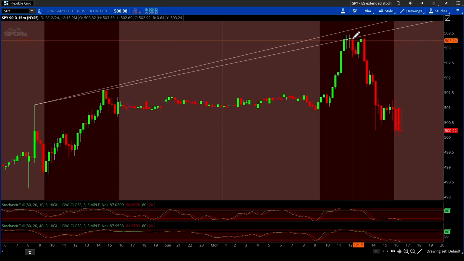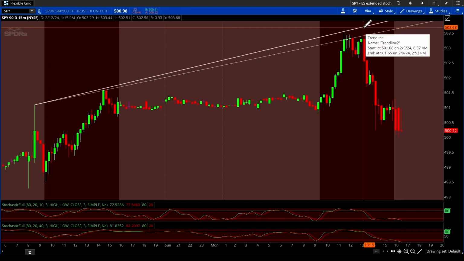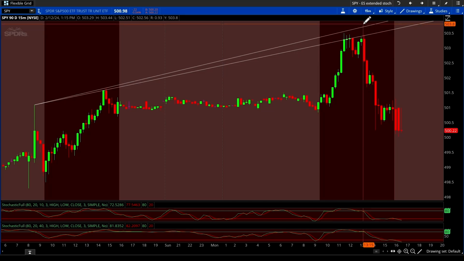You got in here somewhere and you're going to hold it. You're not going to scalp it just for a minute or two, but you want to do some day trading, hold it for an hour or so. You got to say to yourself, okay, only if it breaks this high, or maybe even if it breaks this trend line, then I'm going to get out of my position, because I'm not going to get shaken out, because the market doesn't want you to be in a position when it makes good moves like this.